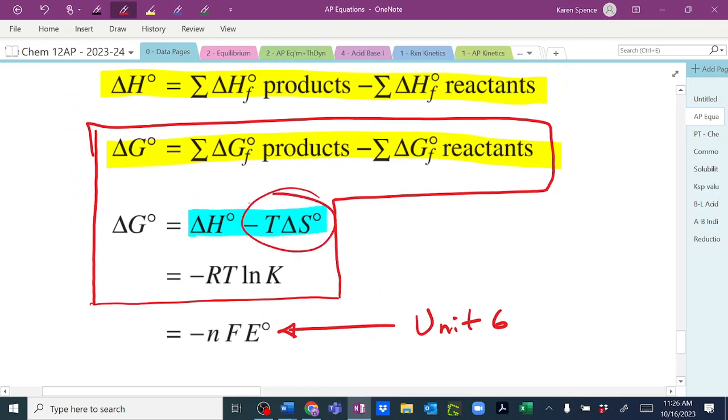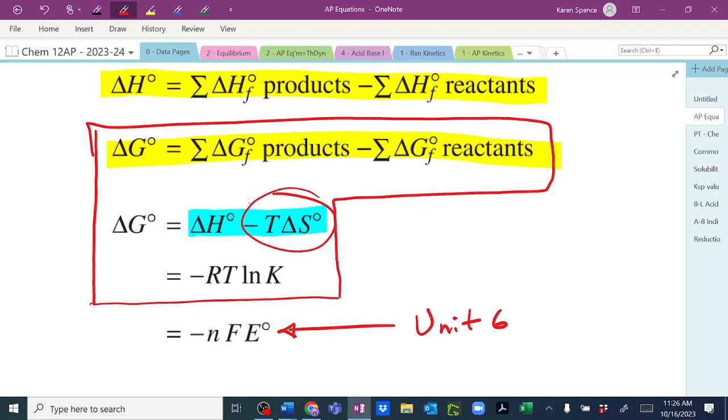It becomes positive. So if delta H is positive and delta S is negative, then you have positive and positive, and delta G is going to be positive. And what do you remember about a positive delta G? It's thermodynamically unfavorable. The reactants are favored.